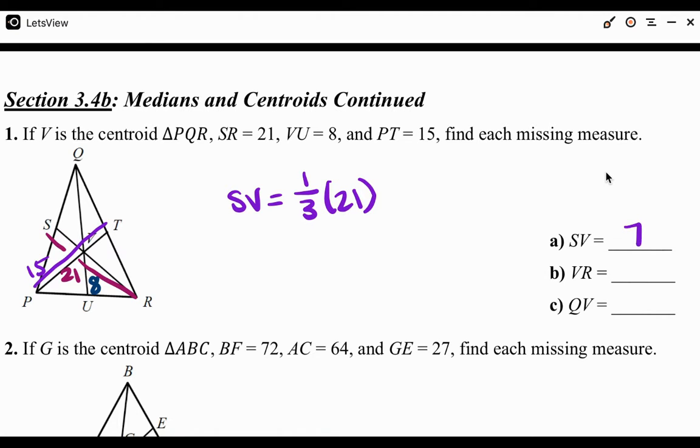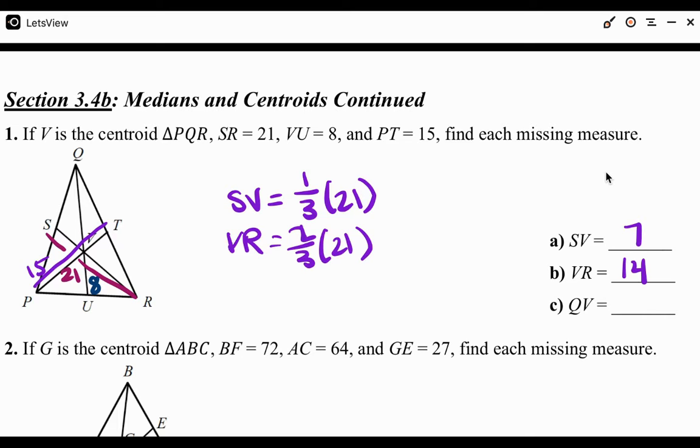So it is 7. With VR, that is 2/3 of 21. So we have 14.